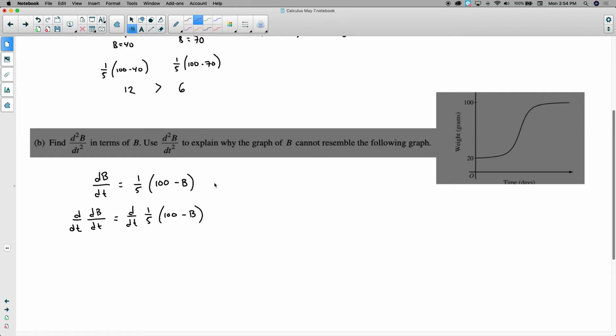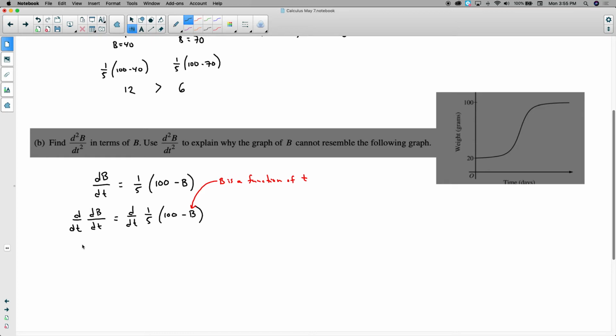So let me change colors and remind you that b is a function of t. That's defined in the setup. We don't know what that function is, but it is a t-like structure. As time changes, the weight of the bird changes. So b is a function of t.